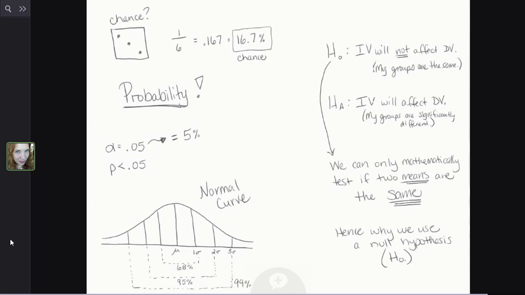Put in easier terms that aren't mathy sounding, my groups are not different. That's what we are testing mathematically. What's the chance that our groups are not different? Or what's the chance that my groups are the same, to use a non-double negative there, English-wise.